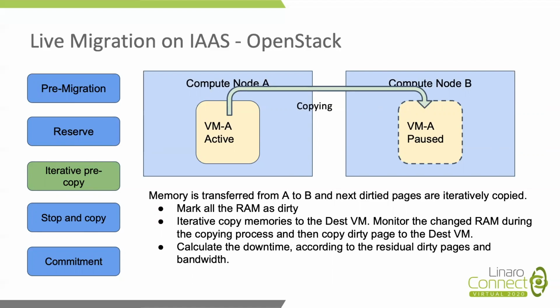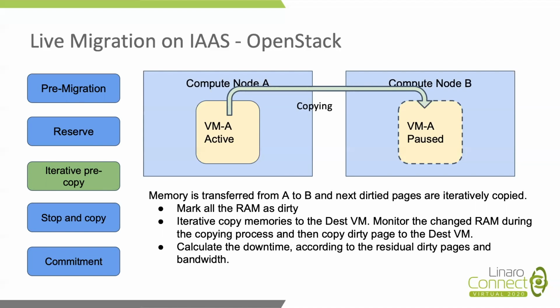Libvirt and Nova will monitor the RAM during the copy process and then copy the dirty pages to the destination. As we expect, the dirty pages will be reduced during the copying. But the RAM is changing every time, so during the copying process the memories in the original VM will also change, and they will be marked as dirty pages.